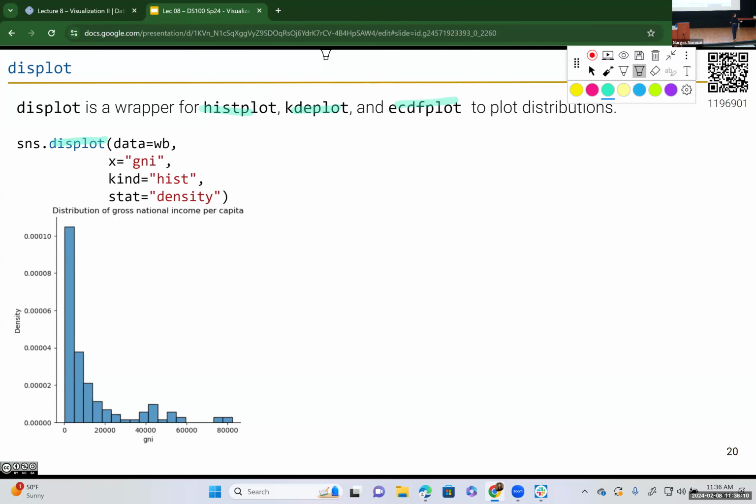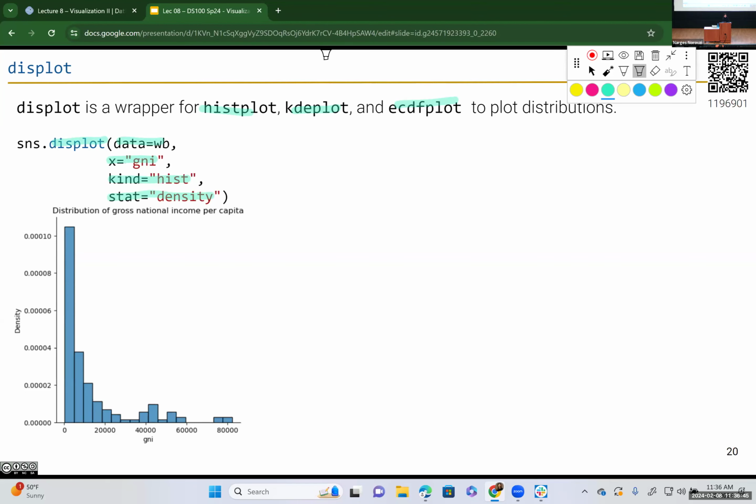Instead of calling histplot separately or calling KDE plot, which you can guess creates a KDE plot for us, I would just directly pass my data and the attribute that I want plotted. Then I say the kind of plot I want from this wrapper is the hist plot. It will automatically call the histogram of Seaborn and give me the result in the output, which you're seeing is a histogram.